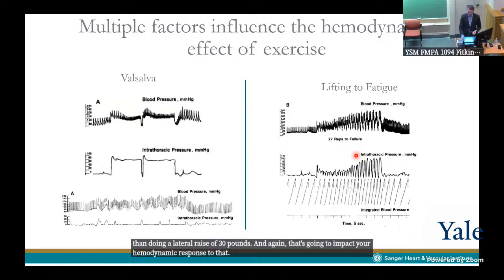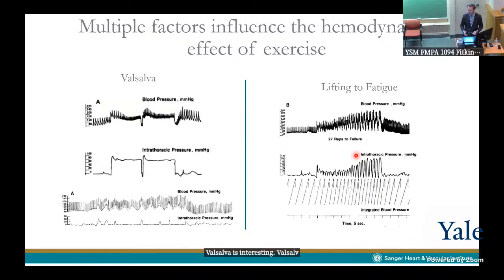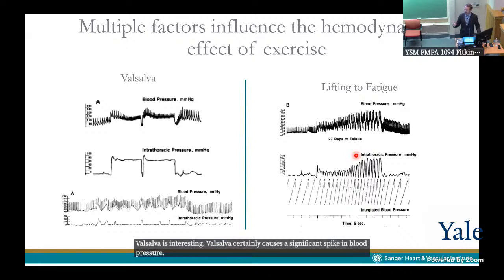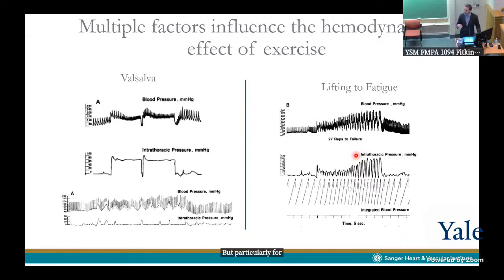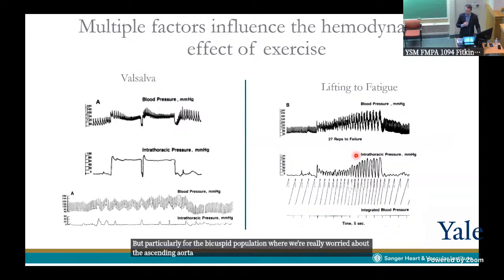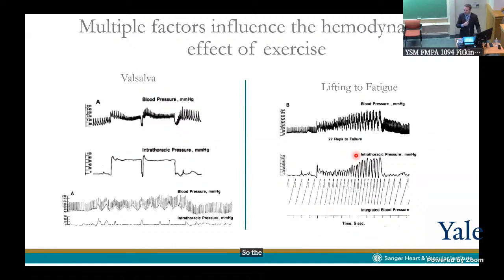Valsalva is interesting. Valsalva certainly causes a significant spike in blood pressure, but particularly for the bicuspid population where we're really worried about the ascending aorta, it also increases the intrathoracic pressure. So the transluminal pressure actually is minimal during that Valsalva maneuver.